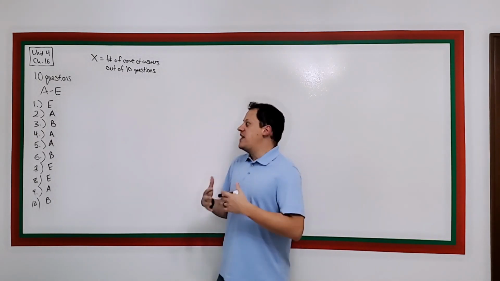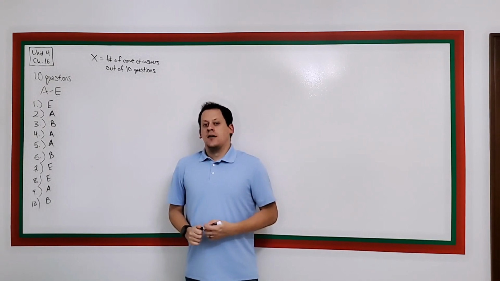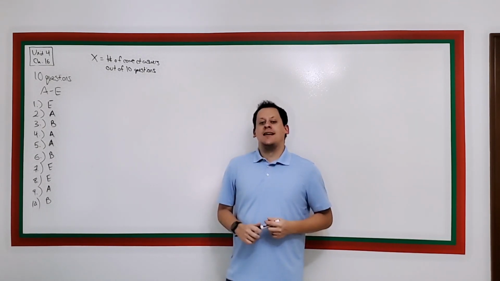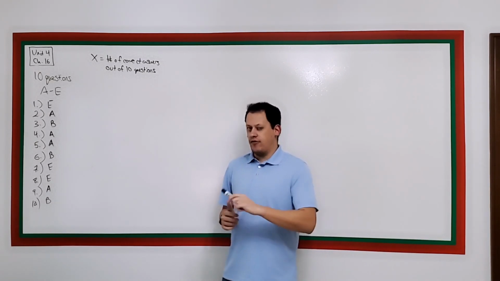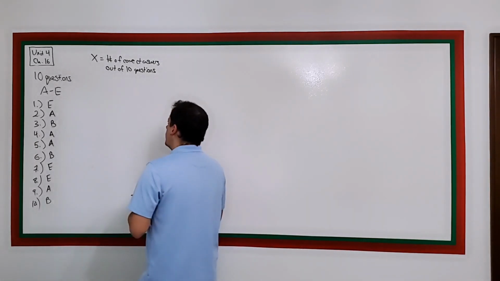How many questions would we expect people to get right on average when they do this? You might already have an idea. And maybe you're right. But let's see if we can use statistics to try and confirm what you might be thinking here. So let's try to find the mean.